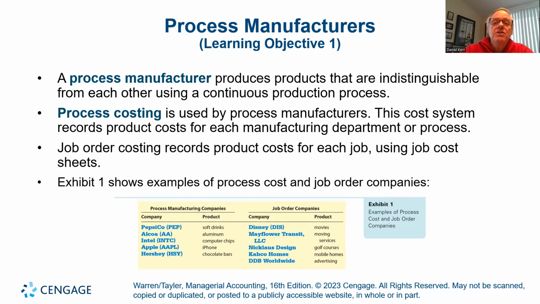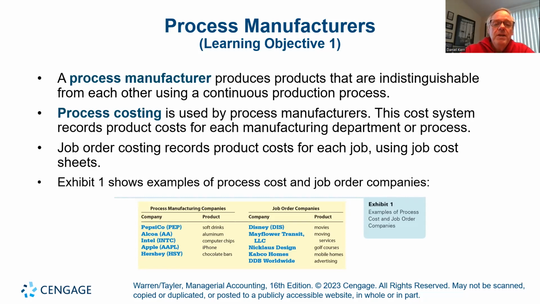So process costing is used by process manufacturing. And we go through a process as opposed to individual jobs. So with job order costing, we record the cost for each job using the job sheets. You'll see in process costing, we're going to be accumulating the costs in various processes and not through individual jobs.